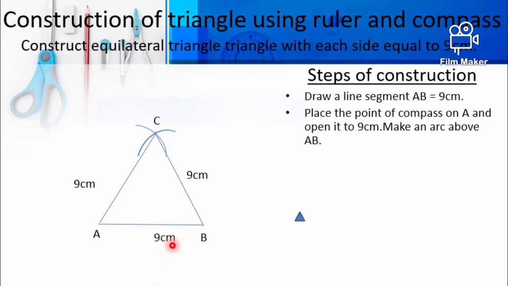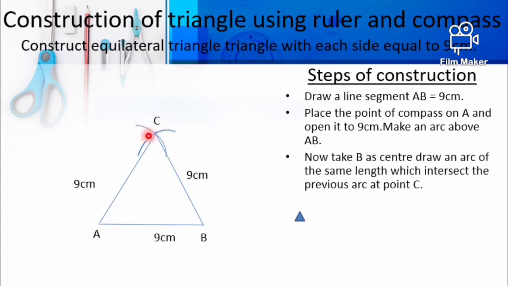In the second step, place the point of compass on A and open it to 9 centimeter and make an arc above AB. This is the first arc above AB of 9 centimeter.